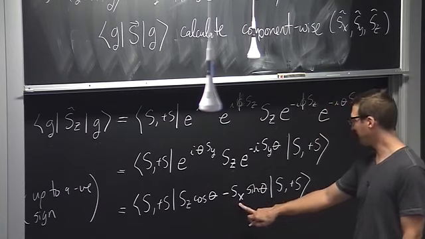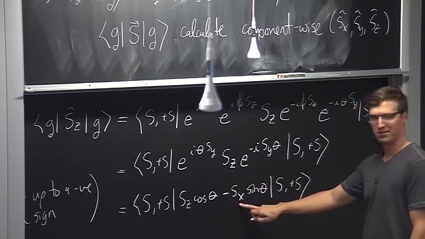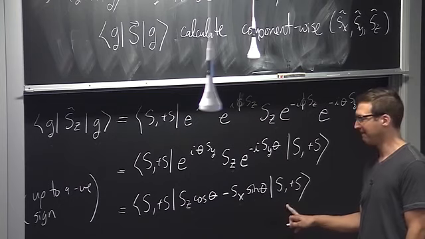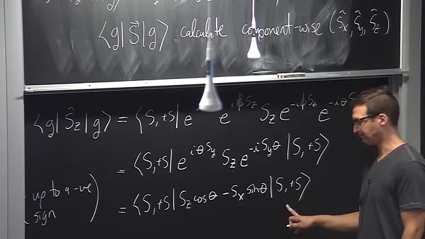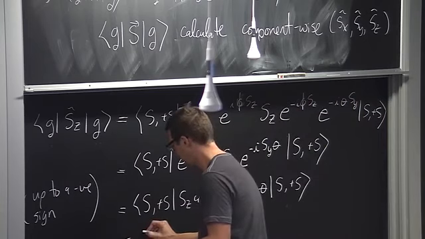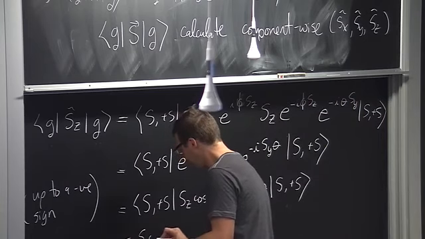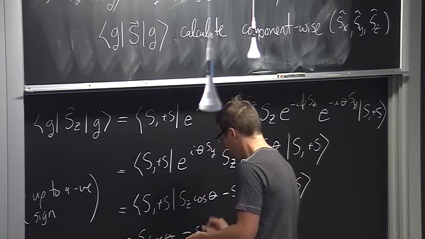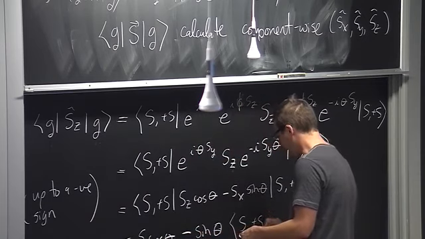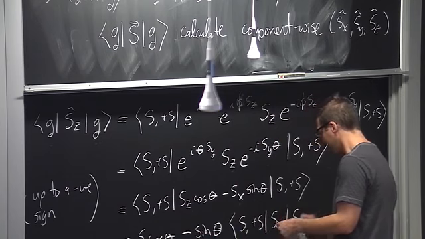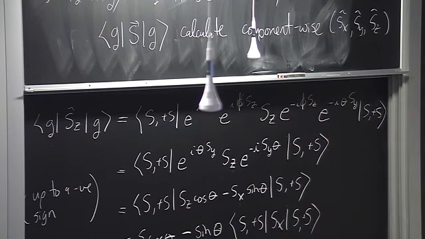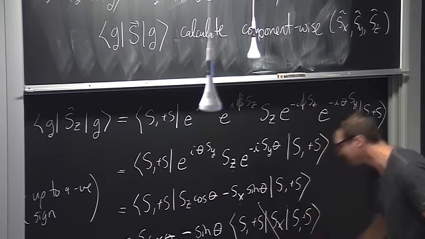This is an operator operating on this state. It's an off-diagonal operator, right? So without much proof, I'll assert that this is 0. So this term is 0.